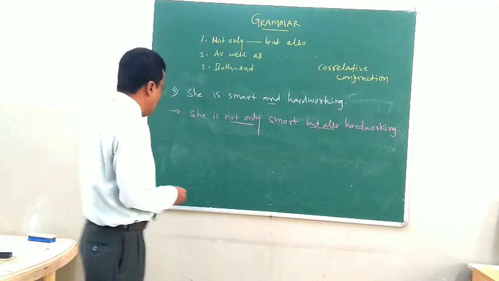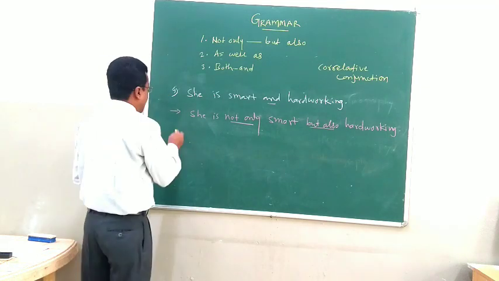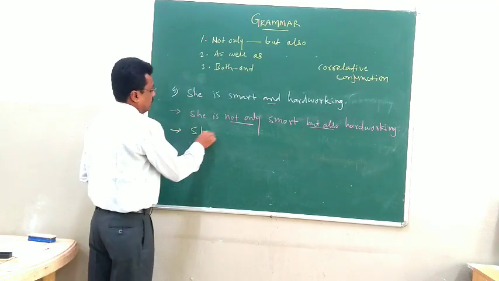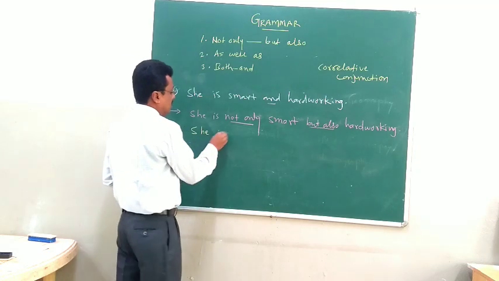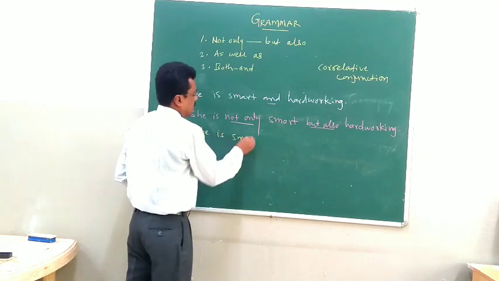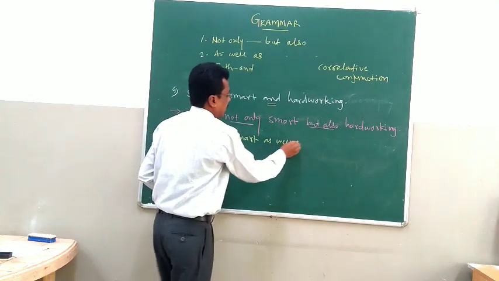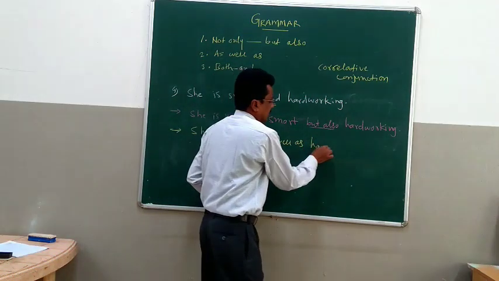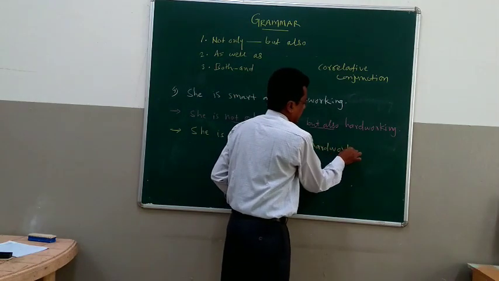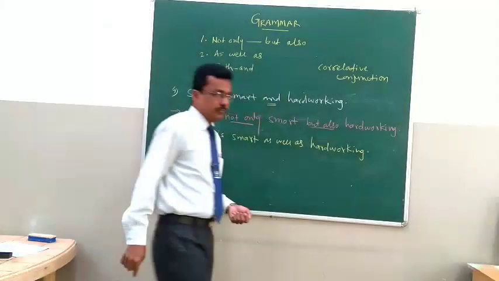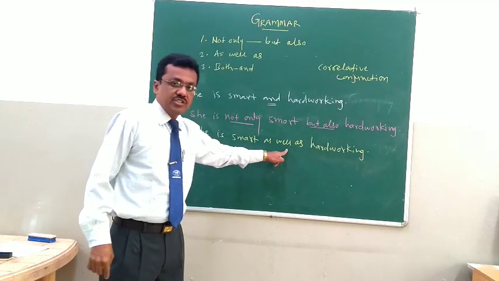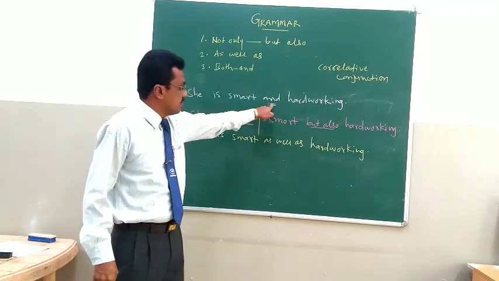Understand? Now how to do this one with as well as. She is smart, in place of and use as well as hardworking. This correlative conjunction we have to use here in place of and.